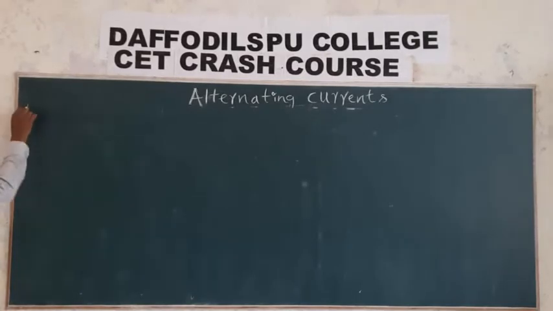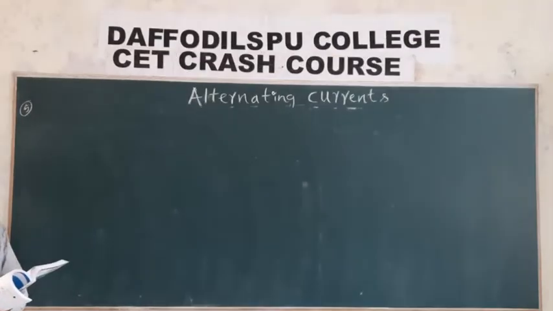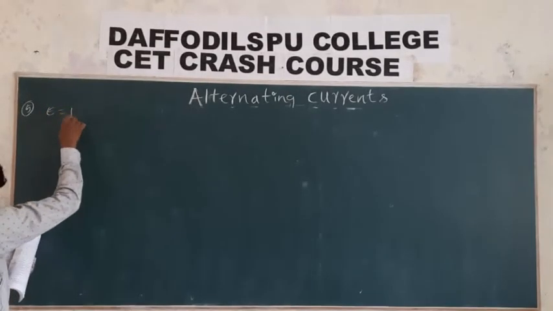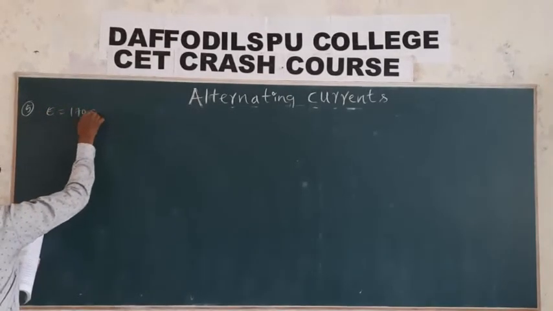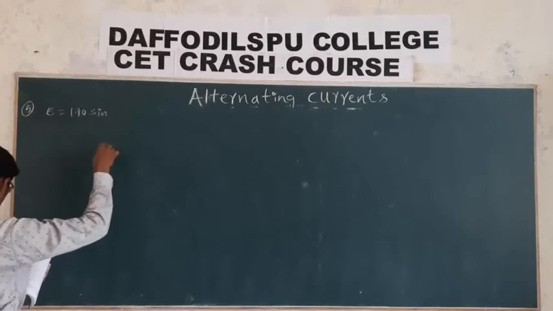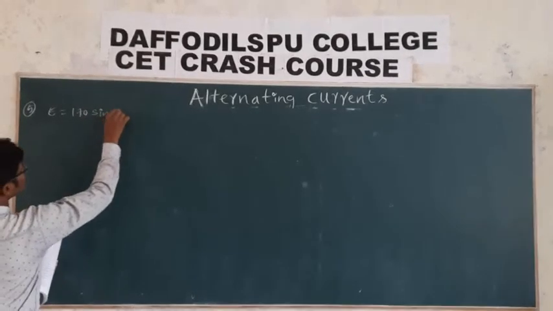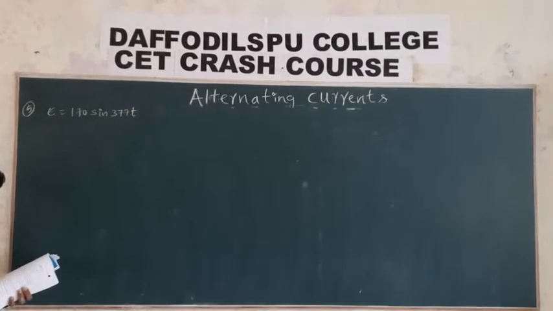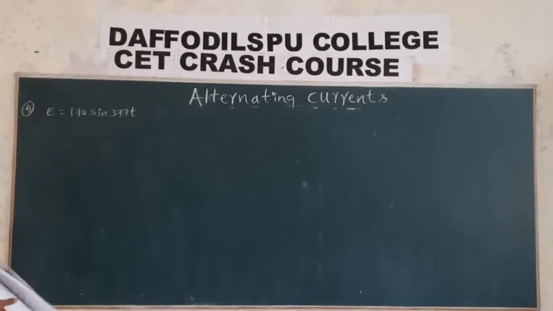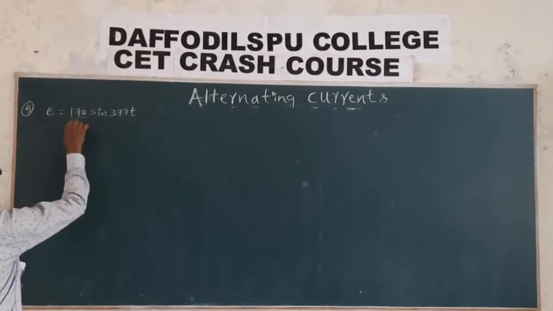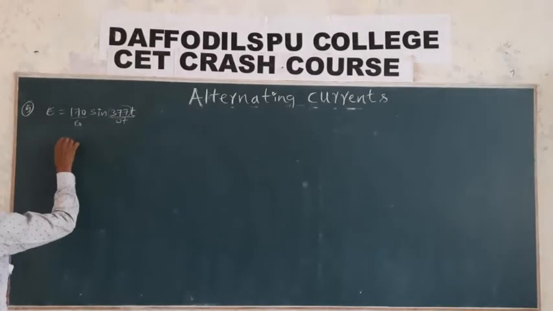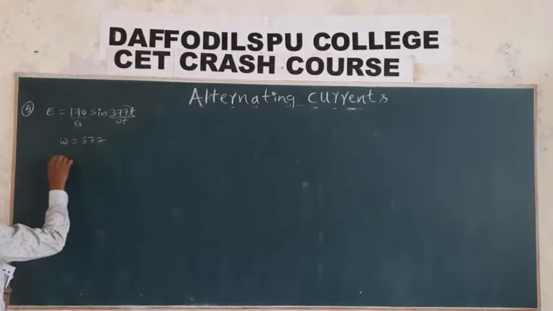Fifth one. An AC generator produces an output voltage E is equal to 170 sin 377 t volts, where t is in seconds. Find the frequency of the AC voltage. So it is E equals E naught sin omega t, and omega is equal to 377, which is 2 pi f.